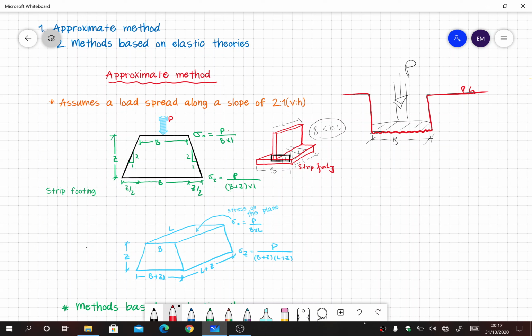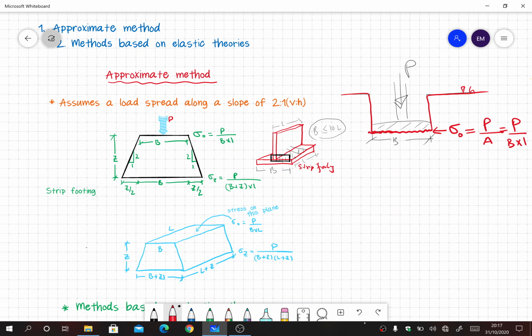So at this specific point here, I want to calculate effective stress. So that will be sigma naught is equal to P over A, and as we've already discussed, we multiply width with 1 to calculate the stresses for strip footing, because we go for per unit length. So just under the footing, the stress is P over A, that is a very high value.